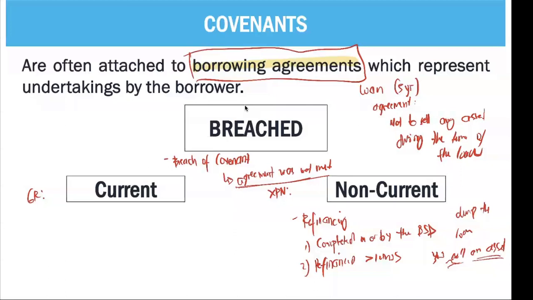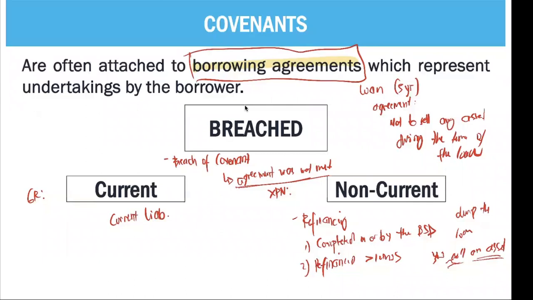Again, covenants are agreements that are placed under your loan. So if your liability has a covenant and you did not meet the conditions of the covenant, then it is considered a breach of covenant. If there is a breach of covenant, what is the treatment? General rule, it should be treated as a current liability.